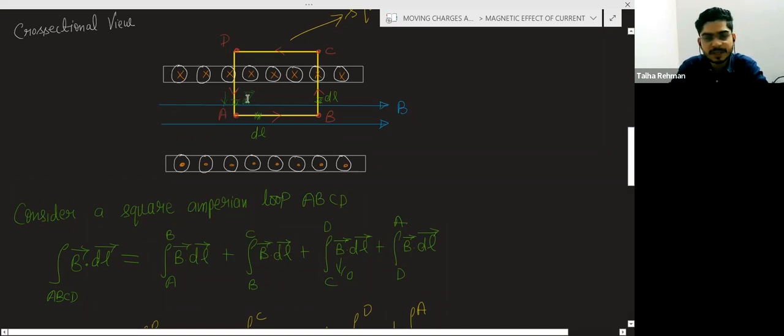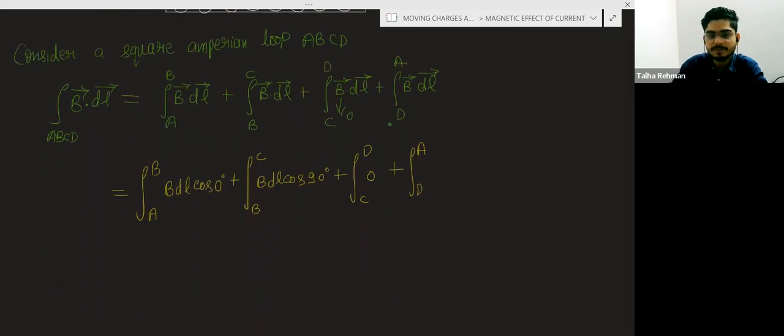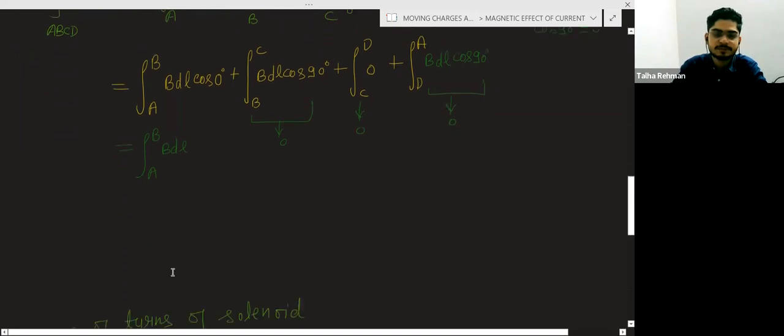The angle between the DL and the magnetic field will be 90 degree. So here you can write B into DL cos 90 degree, and cos 90 degree is equal to 0. So from B to C, this whole term will become 0, this is also 0, and this whole term will become 0. So we have only this B dot DL from A to B.